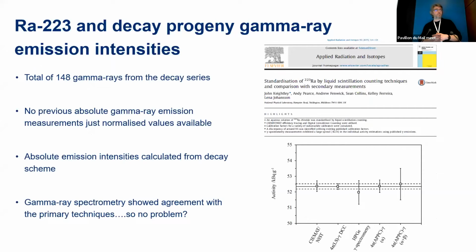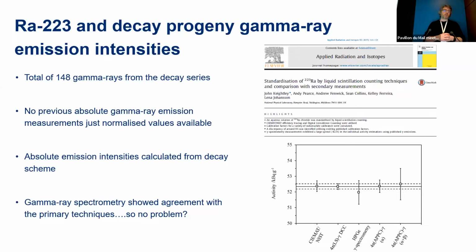When we started looking at this, there had been no previous absolute gamma ray emission measurements, just normalized values. But we can calculate those absolute emission intensities from the decay scheme itself. You can balance the decay scheme, and it outputs a scaling factor or a correction for the normalized values.